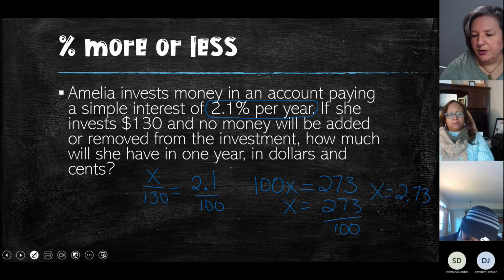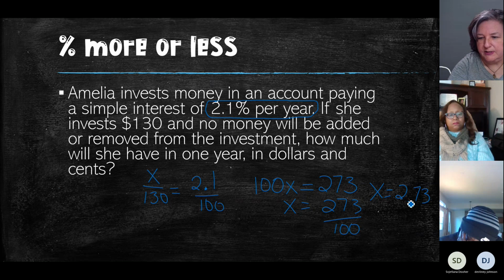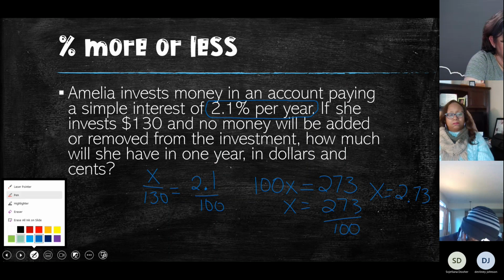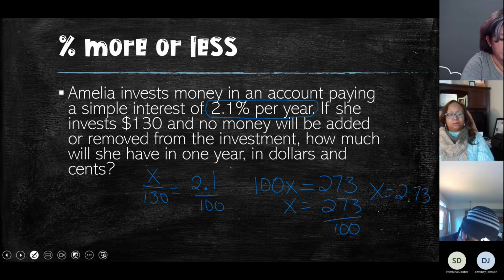Okay. So now we've found out what x equals, and now we know that 2.1% of this $130 is $2.73. But what the question is asking is how much will the total be after a year? So now we're going to add 2.1% to 130.